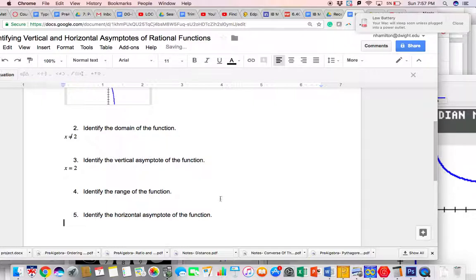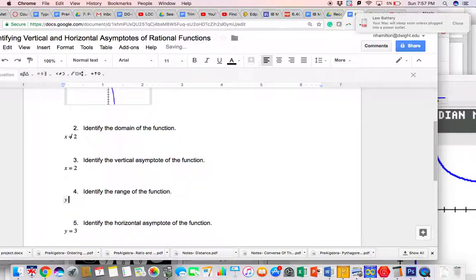So our horizontal asymptote is at y equals 3, and our range is everywhere except y equals 3. So y is not equal to 3. All right, and that's how you approach these questions.